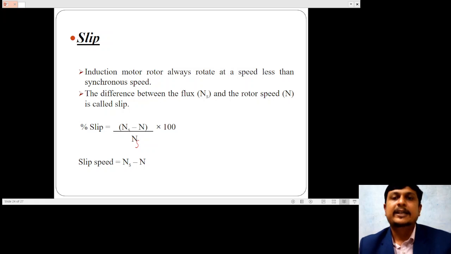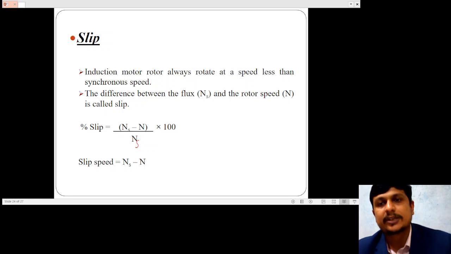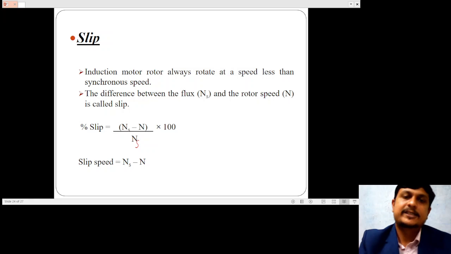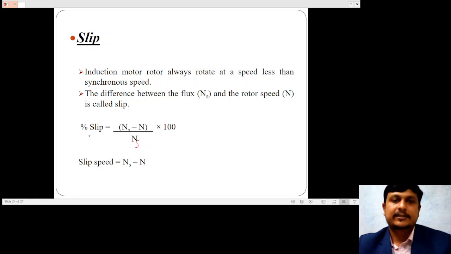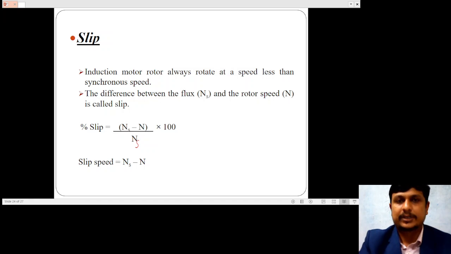So what is slip? It is the difference between the synchronous speed and the actual speed of the rotor. Represented as a percentage, slip can be written as (Ns minus N) divided by Ns into 100, where Ns is the synchronous speed and N is the actual speed of the rotor.